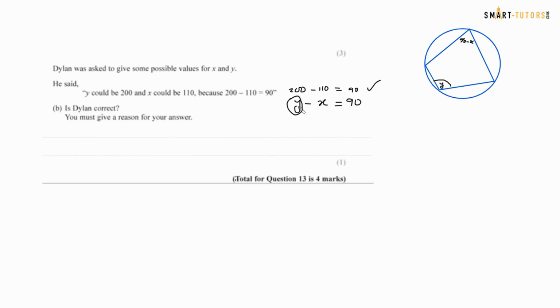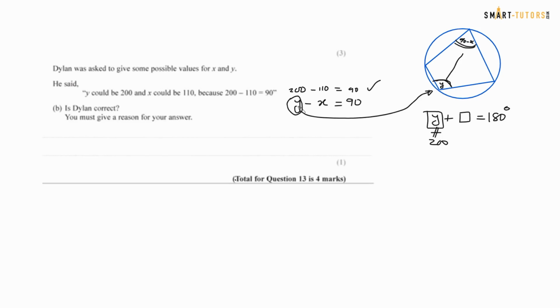But in this diagram, y is an obtuse angle here. So y plus another angle add up together to 180 maximum. So y on its own can't be 200.